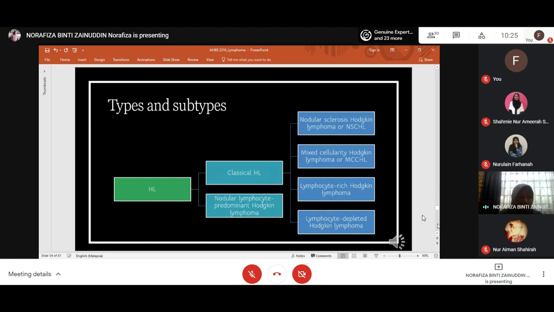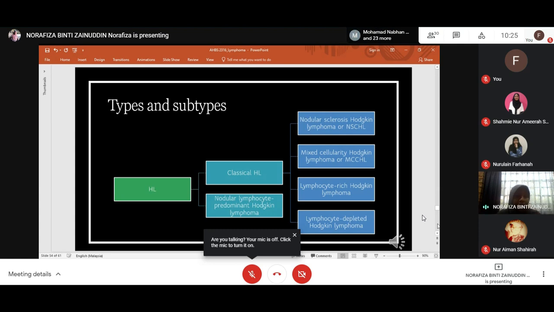Right, so these are the types and subtypes of Hodgkin's lymphoma. It is divided into classical and also nodular lymphocyte predominant HL. For the classical HL, there are nodular sclerosis, mixed cellularity, lymphocyte rich, and also lymphocyte depleted types of Hodgkin's lymphoma.